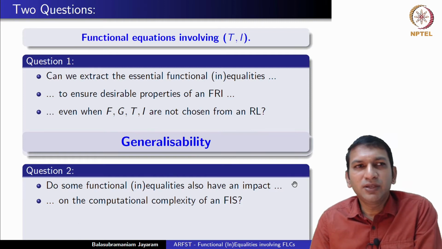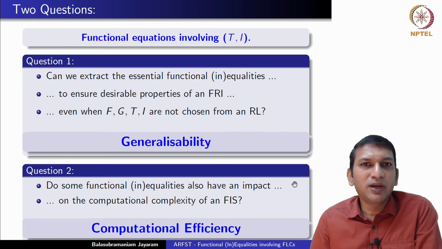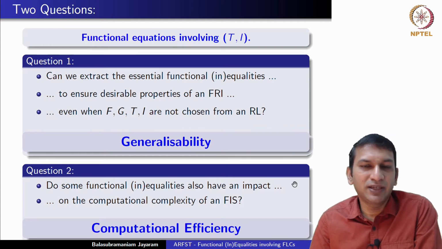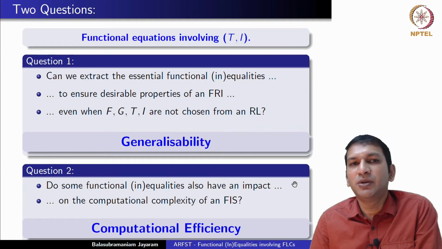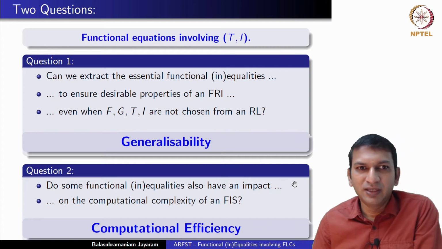There, you could think of them as really not related to the computational aspects of it, more on the correctness aspects of it. So we would also like to look at whether some of these properties, if they are enjoyed by the operations employed in the FIS, lead to some computational efficiency. So these are the two questions that we would like to address during this week of lectures.